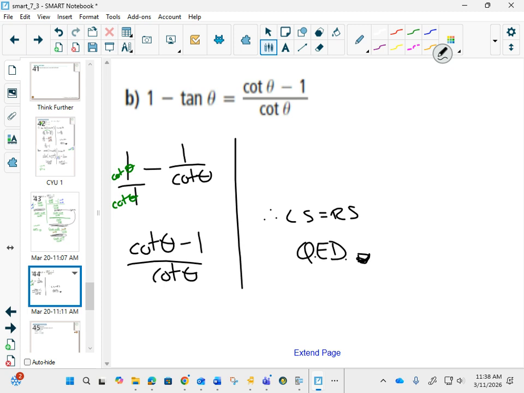No options are wrong. Some options are faster than others. Sometimes when I finish a proof, I'm like, oh, that seemed a little bit long. I look at it again and say, is there anything I could have done differently to make it faster? That's a good strategy to do when practicing, because then you'll see sometimes shortcuts.